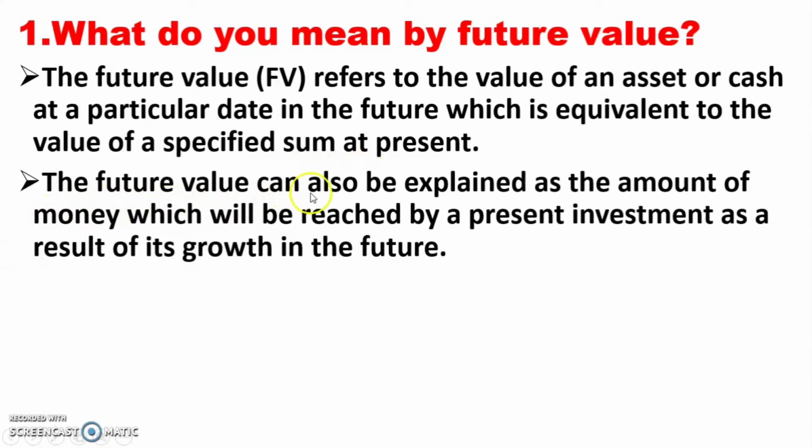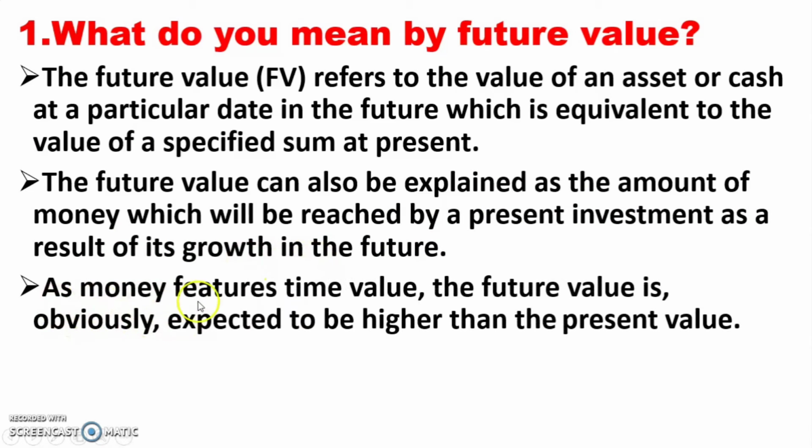The future value can also be explained as the amount of money which will be reached by a present investment as a result of its growth in future. As money features time value, the future value is obviously expected to be higher than the present value.